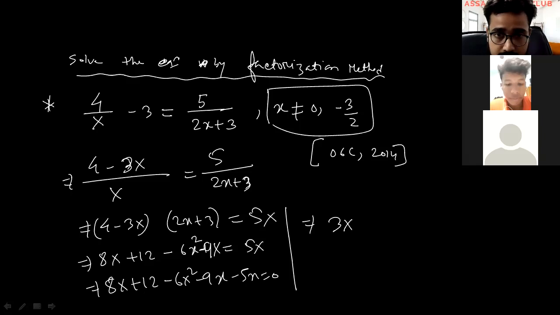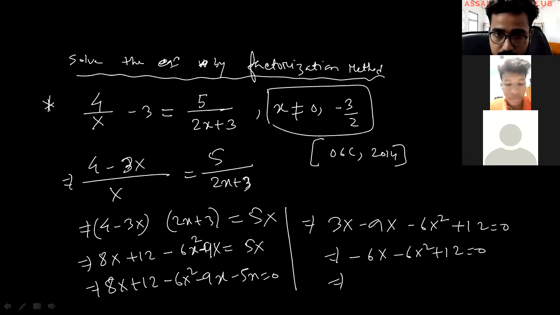So 3x minus 9x, then minus 6x square plus 12 will be equal to 0. So minus 6x square plus 12 equal to 0. Now divide both the left hand side and right hand side by 6. Then it will be minus x square plus 2 equal to 0. Then multiply with minus sign, so it will be x square plus x minus 2 equal to 0.